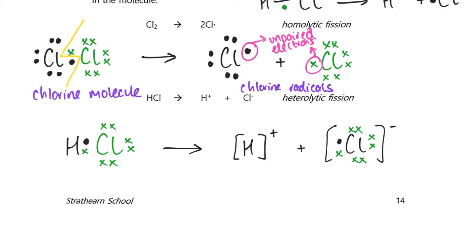So this is the way we would normally see a bond breaking. This produces oppositely charged ions, and so this is heterolytic fission, because the covalent bond has broken in a different way, in a way that we have produced different ions. You can see in homolytic fission, it broke in a way that both of the particles produced were identical. There was an even splitting of the covalent bond.